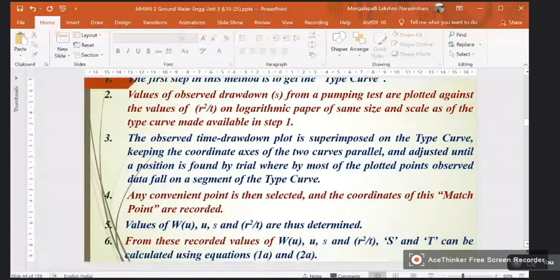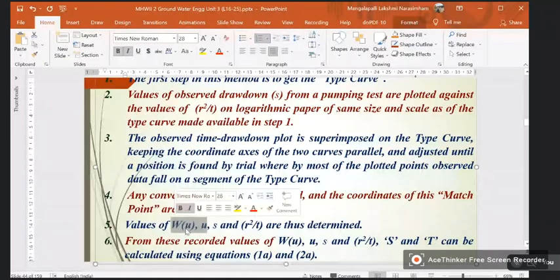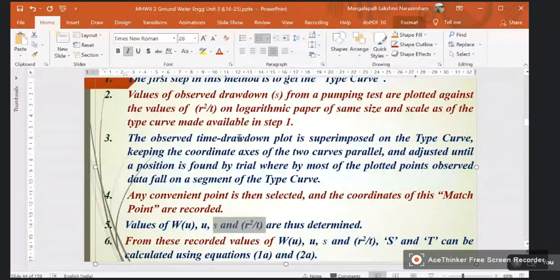Then once we arrive at this stage, we will select any one convenient point, and we note these 4 values, that is values of W(u), small s, r square by t, corresponding to that point, because that point will show values of u and W(u) on the type curve and values of s and r square by t on our plotted curve.